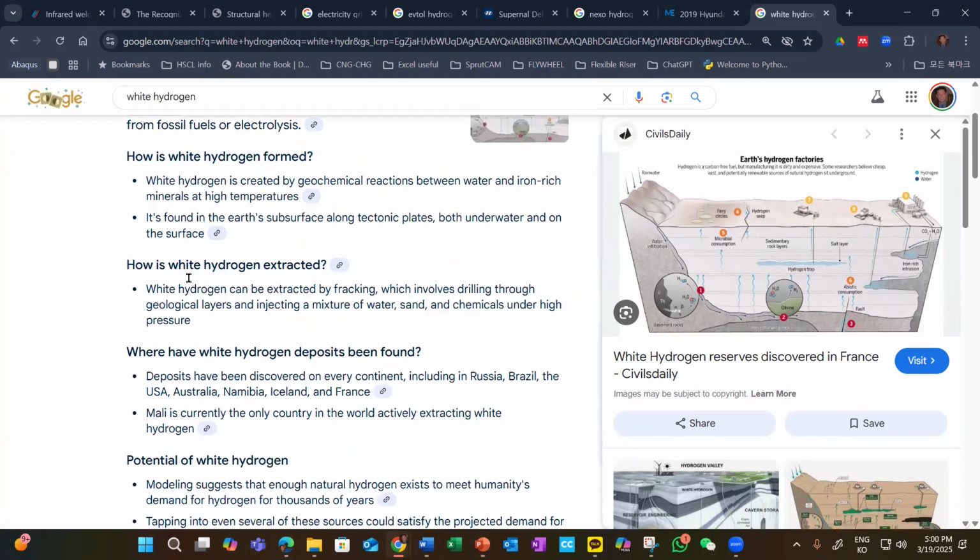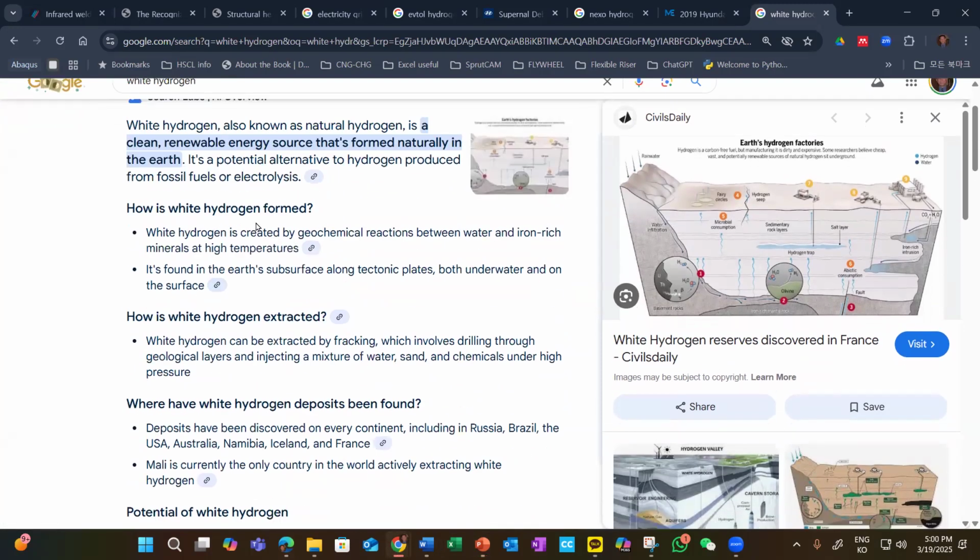First of all, how is this white hydrogen formed inside the Earth? Well, hydrogen is created by a geochemical reaction, most likely water and natural gas decomposing into hydrogen between the water and iron-rich minerals at high temperature.